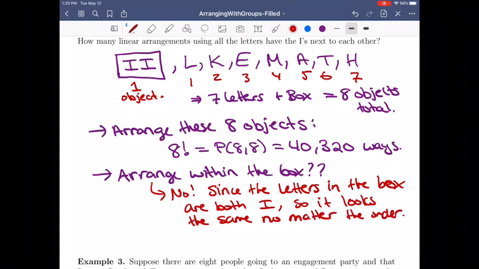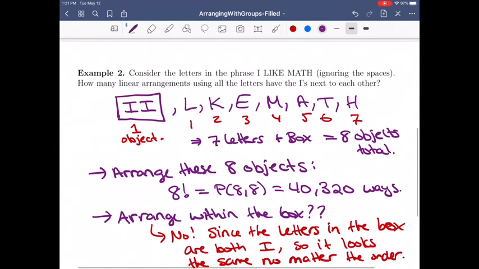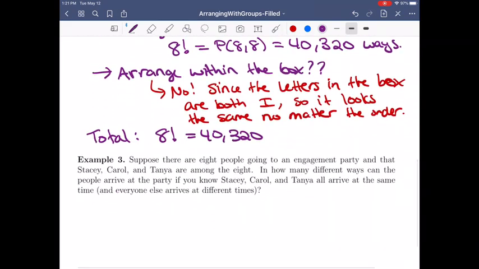So you don't need to arrange it because they're the same letter. Okay, they're not distinct. So then the total is just 8 factorial. So there's 8 factorial, or 40,320 linear arrangements with the I's together. Okay, so stuck together. Okay, let's try another one.